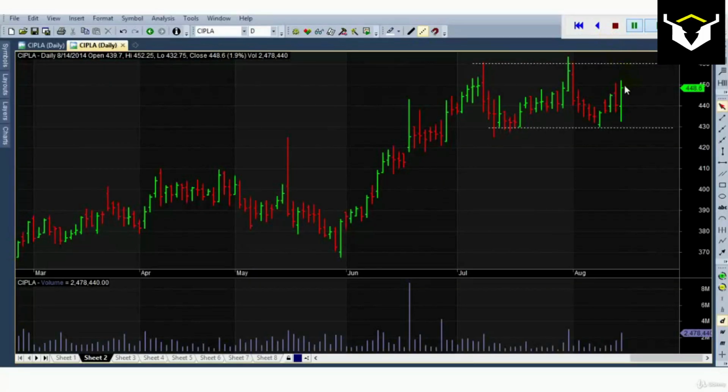Following is a daily chart of Cipla, and as of the last bar you can see prices have found a trading range of 460 towards the upper side and 430 towards the lower side. Analyzing its previous uptrend, the move was supported by increasing volume every time prices made a new high.